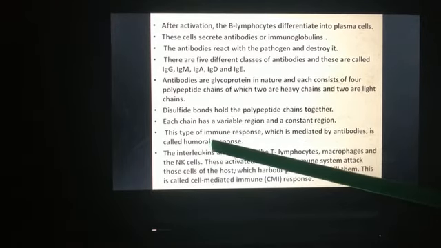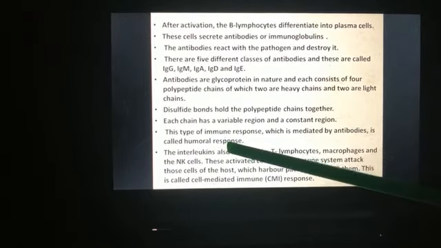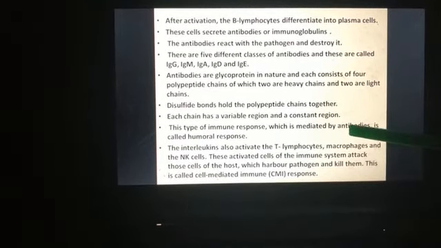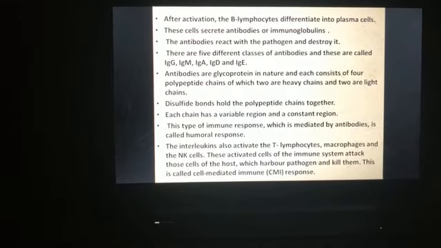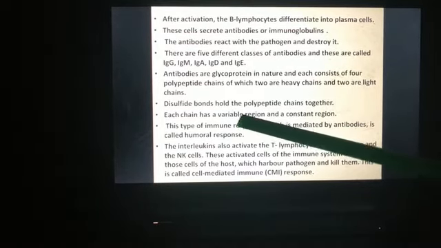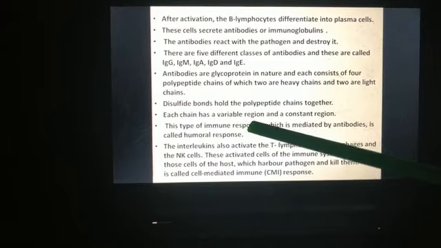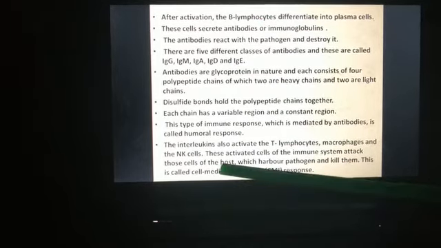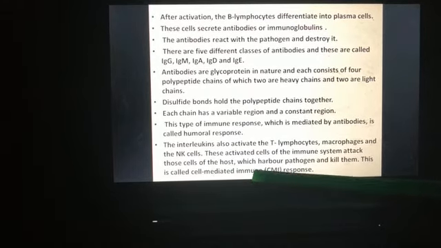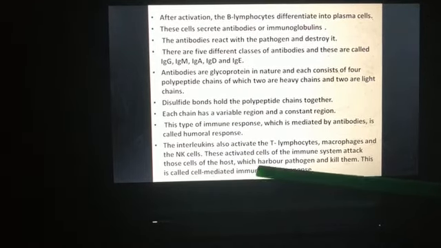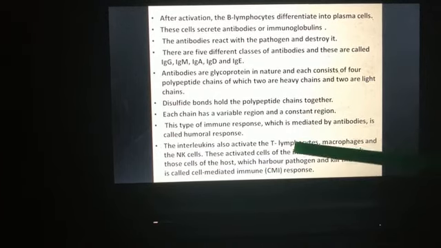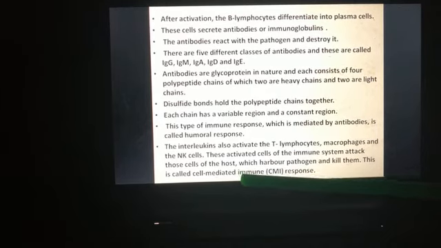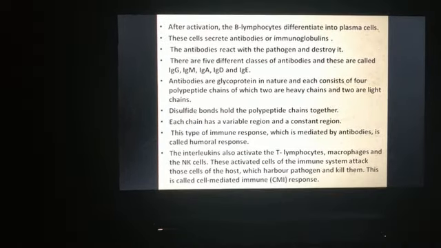One is humoral response, which relies on the action of antibodies, and B lymphocytes are involved. In cell mediated immune response, activation of T lymphocytes is responsible.